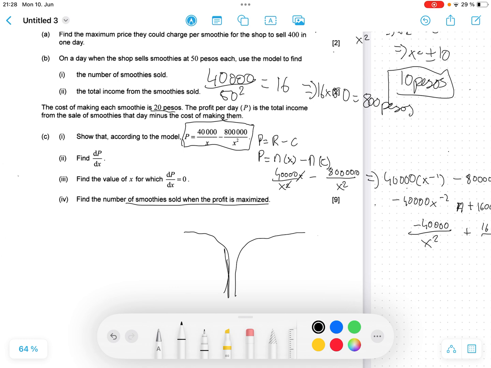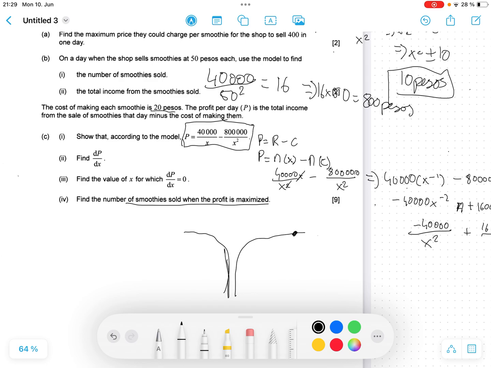And if we are to find the maximum profit, we can evaluate it at a large value of x. So zoom out on your graphics calculator and type in the x value at 40 or something, and that gives you a large value here. But there is a much more efficient way to do this.